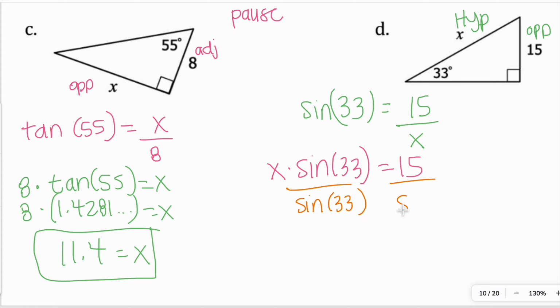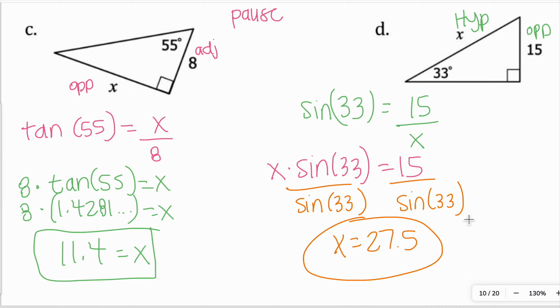Here is where you might come up with a calculator error for the TI-30s, because if I type in 15 divided by sine of 33, oh, it does give it to you, 27.5. Sine of 33, though, you can write as a decimal, 0.5446, and then 15 divided by 0.5446 needs to go first.